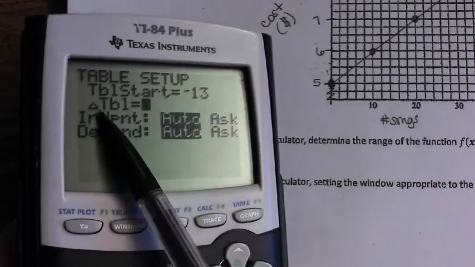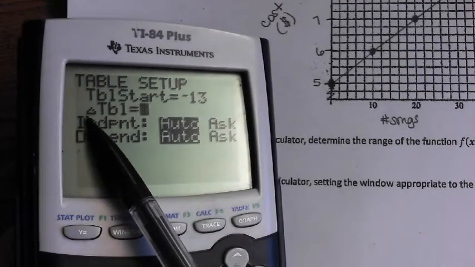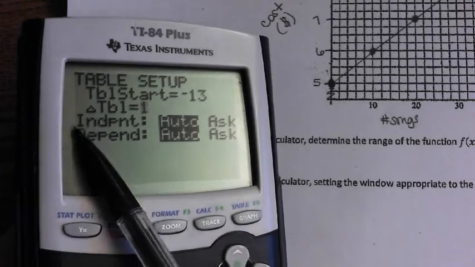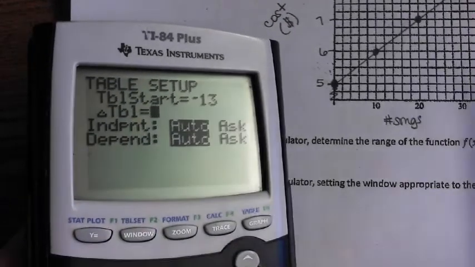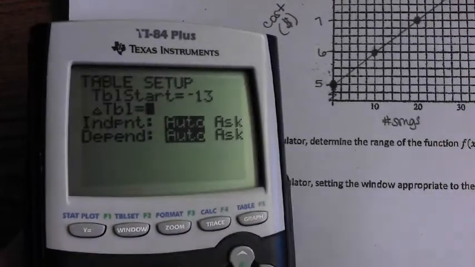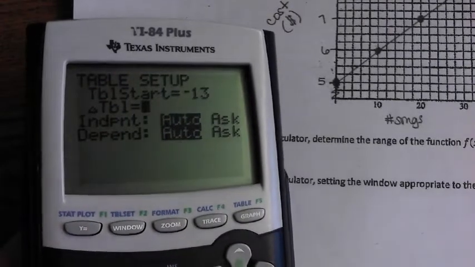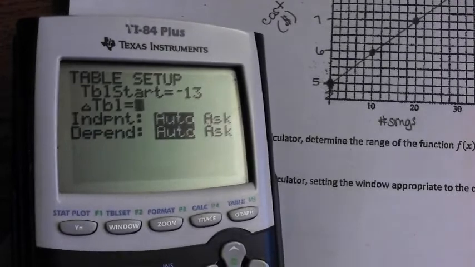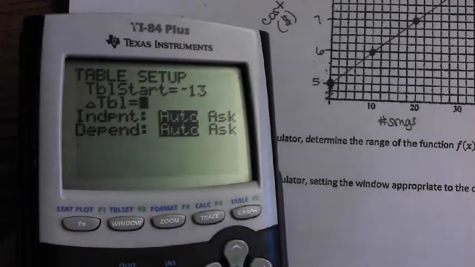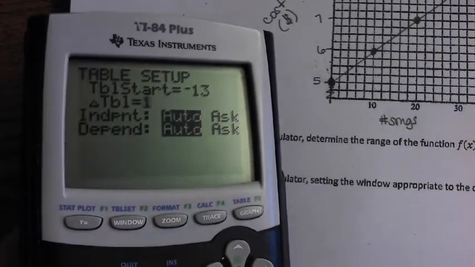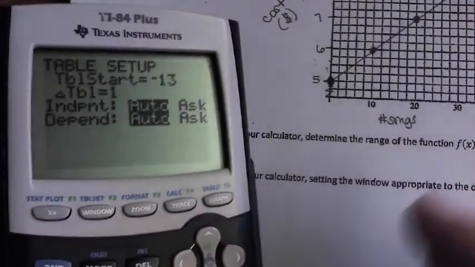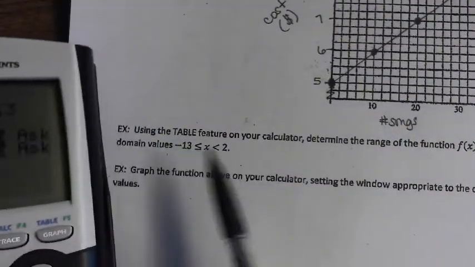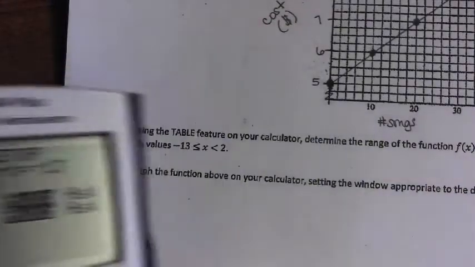And does anyone know what this little triangle symbol means in math? Change, very good. So how do you want your table to change? There are going to be times where we want our table to change by 1/10 at a time. So it'll give you negative 13, negative 12.9, negative 12.8, and so on and so forth. This is not one of those. We want it to probably change by 1 since we're kind of counting through the integers.